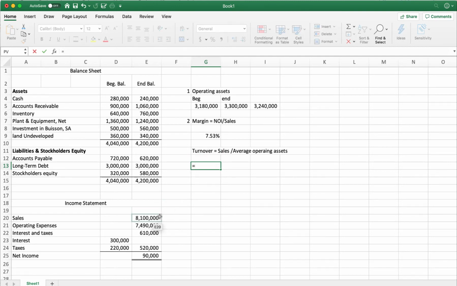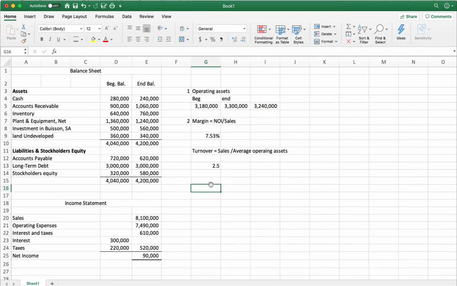We just pluck that off of our income statement. And then we divide that by the average operating assets. Well, guess what? We already calculated that in part 1. So I'm going to plug in my answer from part 1, which is 3,240,000. I end up with 2.5.